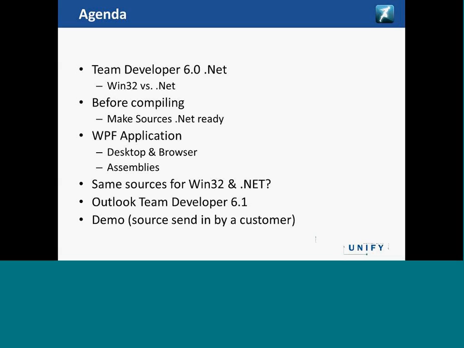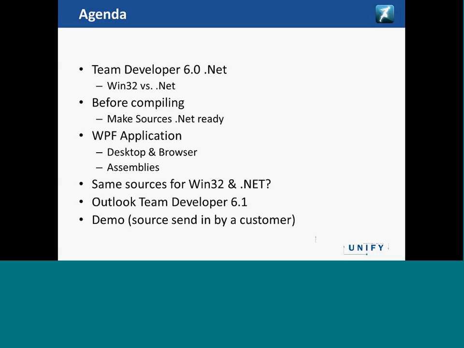Not every source is really ready to compile directly to .NET. We have to talk about WPF applications because this is the basic .NET technology behind Team Developer. And we have to talk about the same sources for Win32 and .NET.